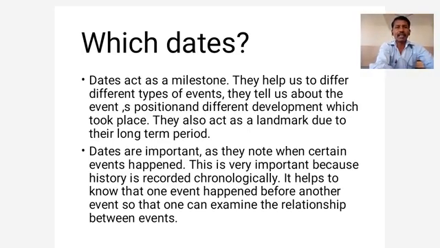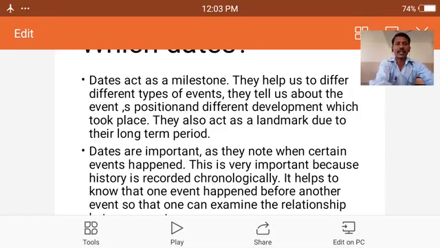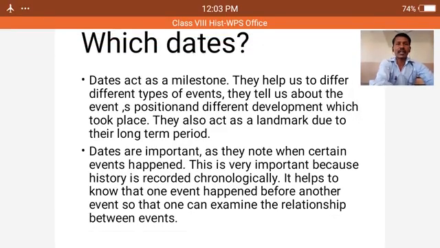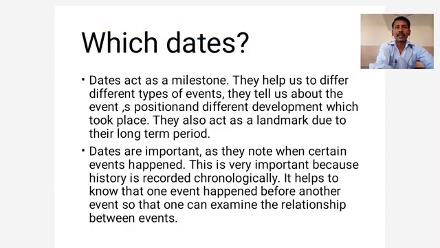Then dates are very important because they highlight when certain events happened. This is why dates are very important, because history is mainly recorded chronologically, continuously, step by step, or one after the other.